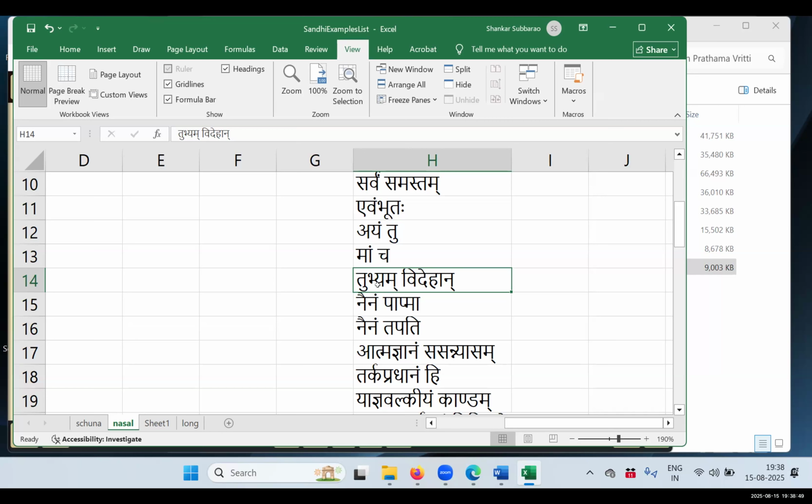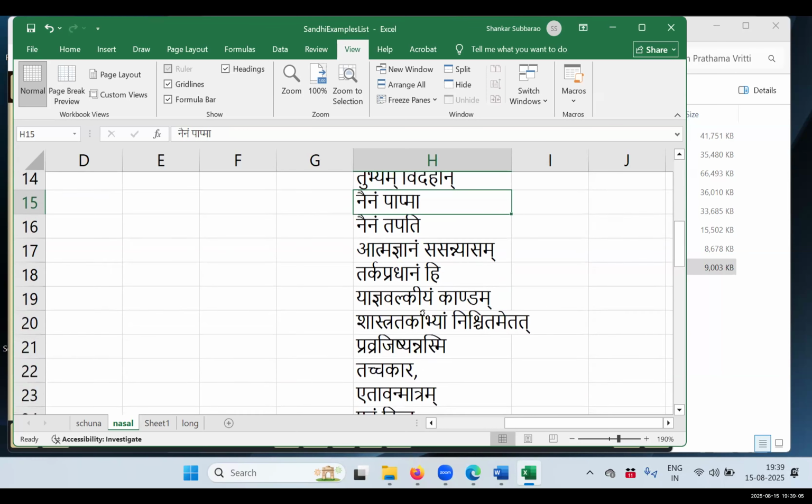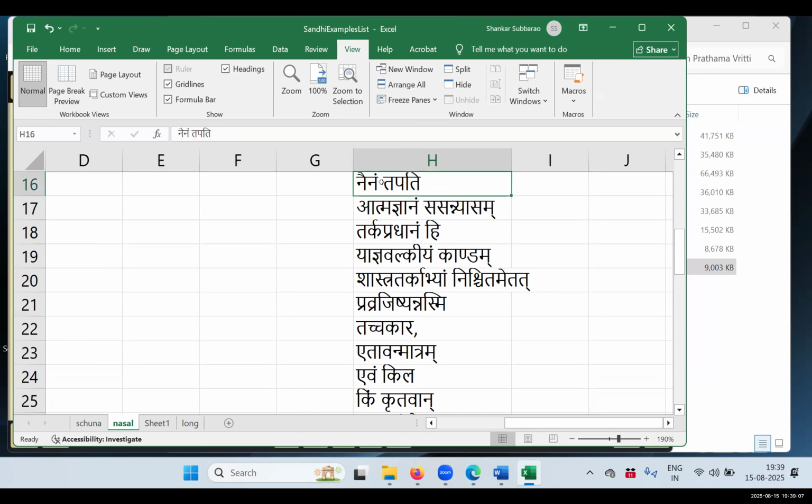So you'll get tubhyam videhan. Right? Good. Similarly, nainam papma. Anuswara will get replaced by what? Makara. Nainam tapati. Anuswara will get replaced by what? Nakara. Do you see that? Nainan it will become, right?